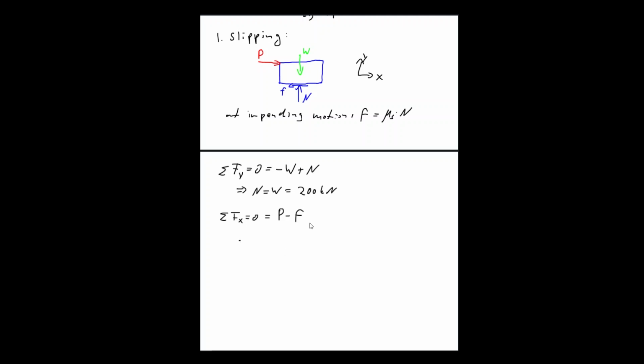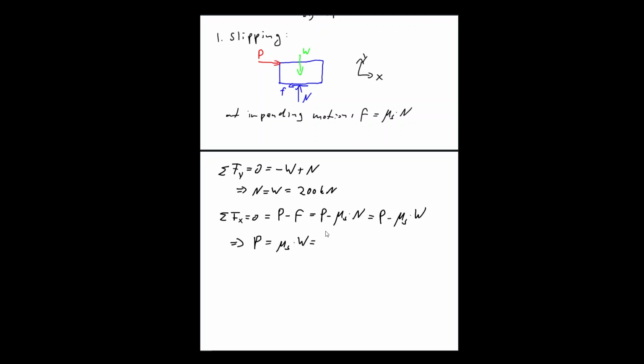Or maybe before we do that, we'll just figure out what F is. Right, so we have F is mu times N. So that'd be P minus mu s times N equal to P minus mu s times, we'll just leave it as W for now. So that means I can get P is equal to mu s times W.